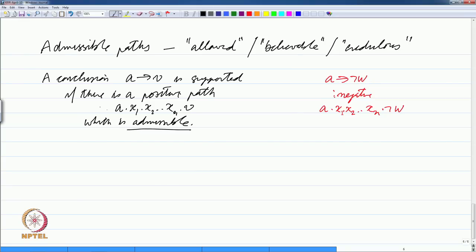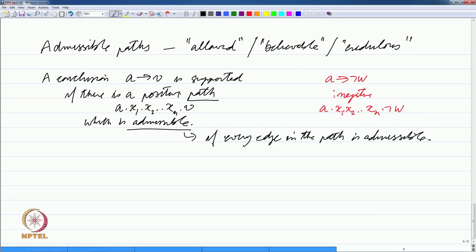Now, a path is admissible if every edge in the path is admissible. So, there is something which I have not stated here.